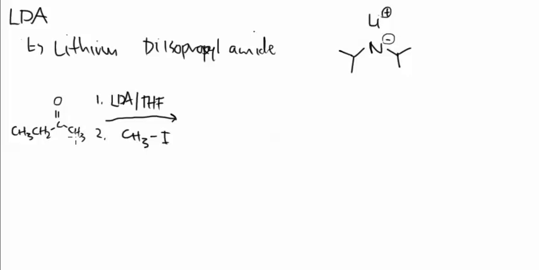Miss America comes in, Miss America does her job. This is actually Miss Universe now, not Miss America. Miss Universe comes into the picture, does a very powerful job of pulling a hydrogen off. And that hydrogen is an alpha hydrogen on an alpha carbon. And when that happens, negatives stay behind.